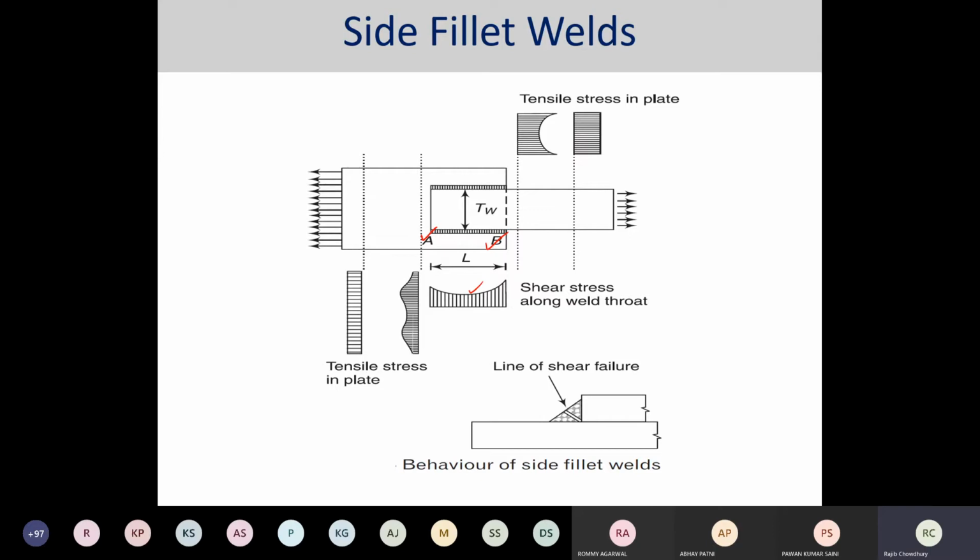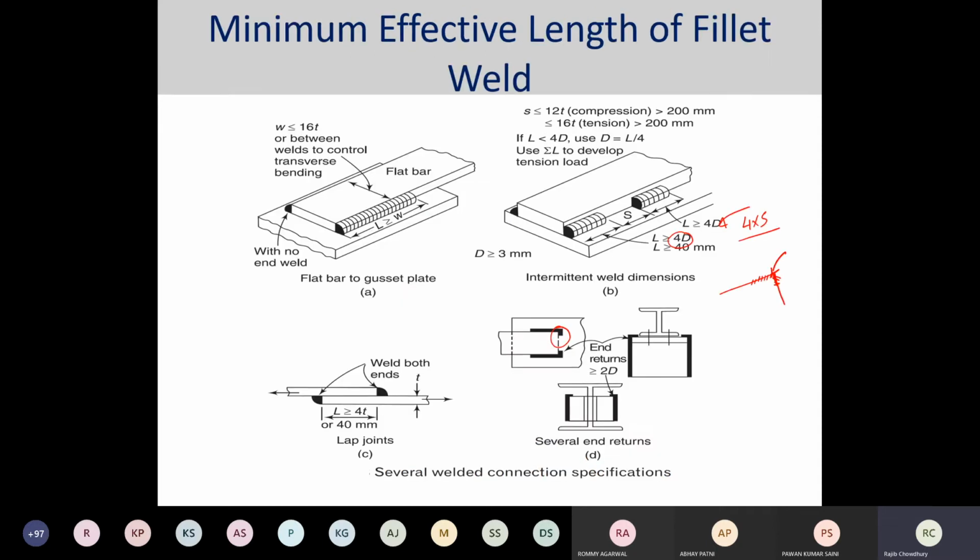That is why it is said that there is a serious amount of stress concentration at the edge of the plate, on both sides, here also. In order to control it, the length of the longitudinal side fillet weld should not be less than the width of the plate.